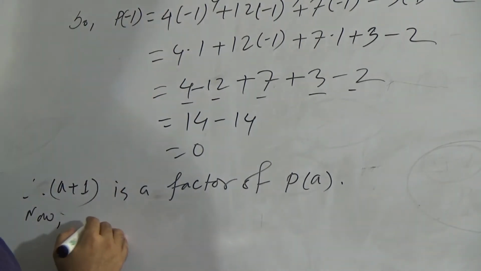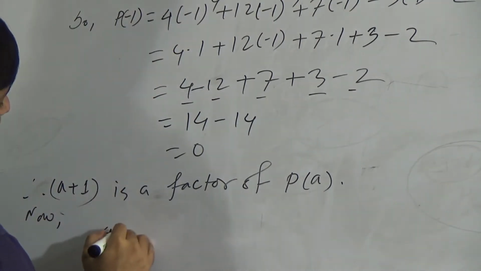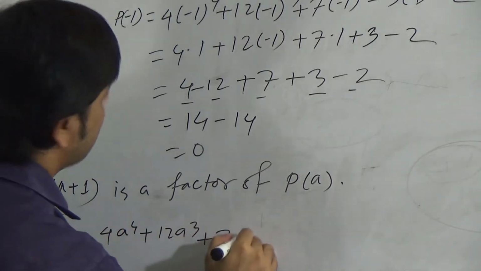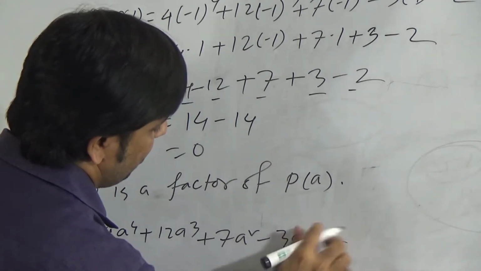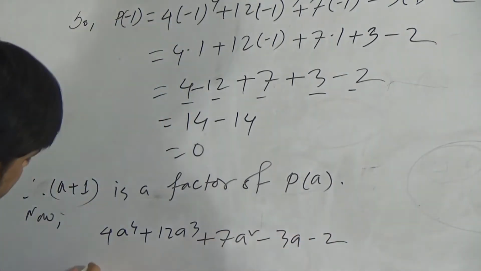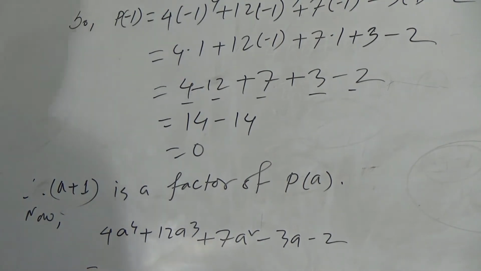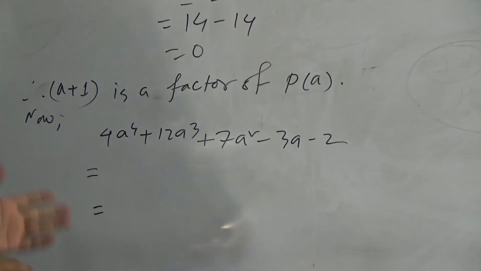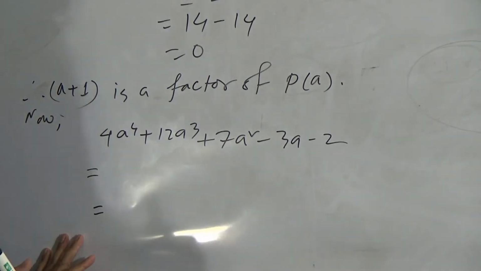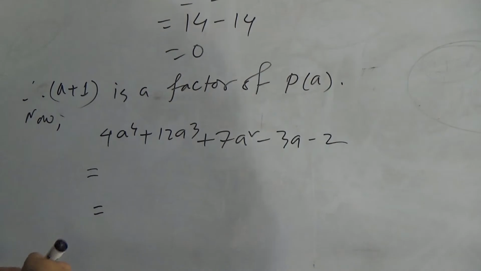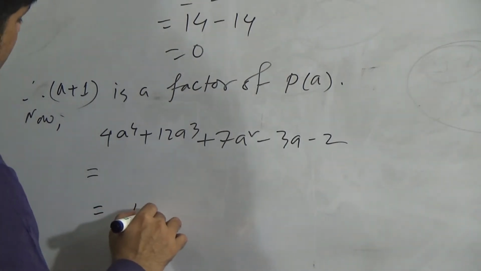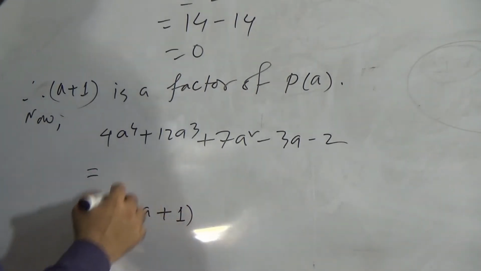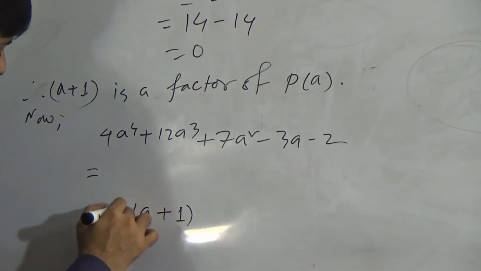To determine the other factors, we have to write the expression here: 4a to the power 4 plus 12a cube plus 7a square minus 3a minus 2. Okay, dear students, if you apply a technique, in the second term you have to use a plus 1 as factor, and take 4a cube as common.